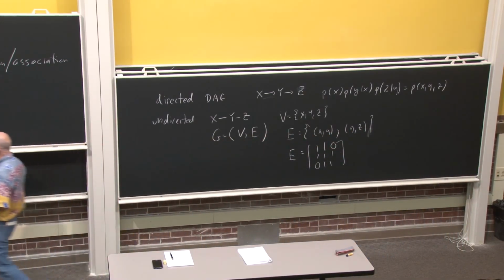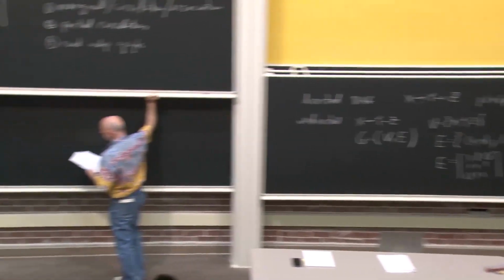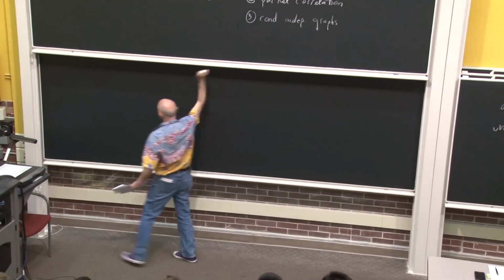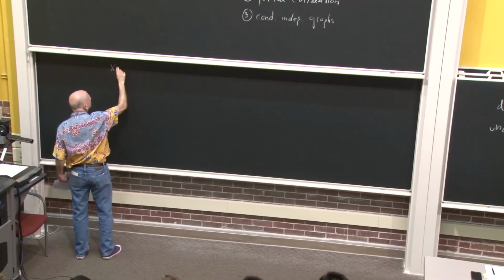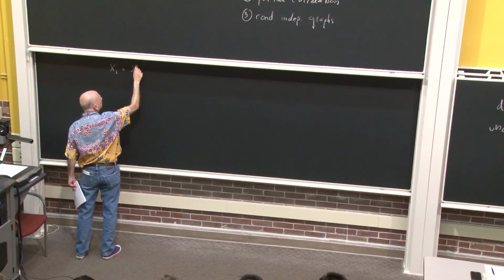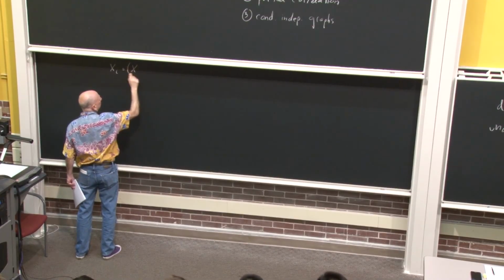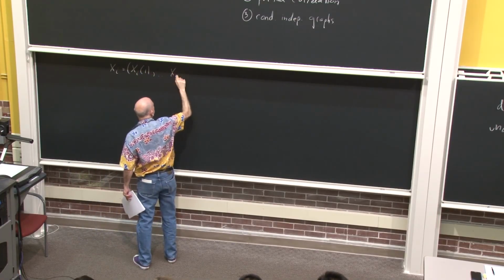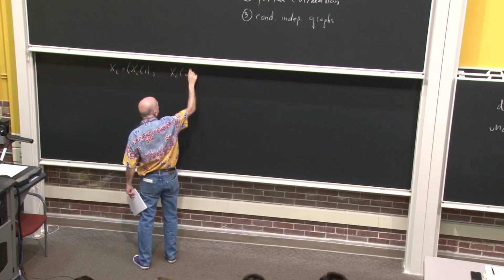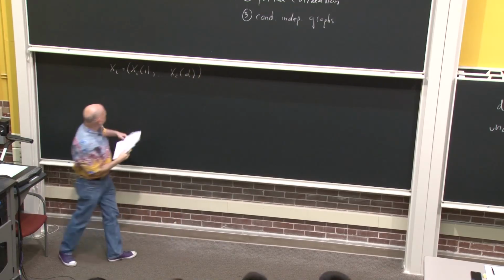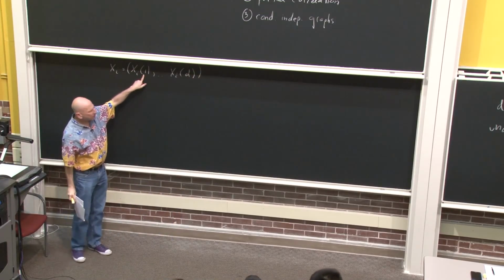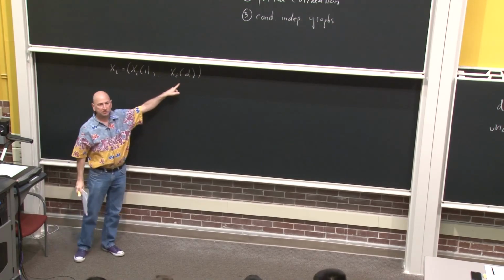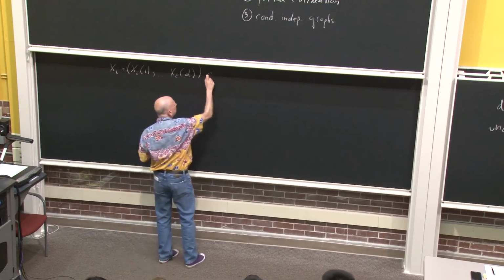I'm going to write a typical observation now. It has D features, so I'm going to write this as, okay. So this is one person's observation. The round brackets indicate feature 1, feature 2, up to feature D. So this is a vector in R^D.